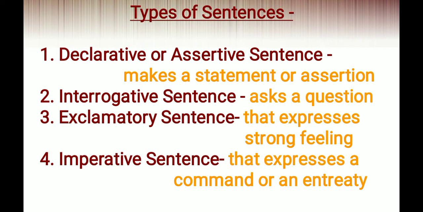Next is imperative sentence. Imperative sentence is a sentence that expresses a command or an entreaty. Entreaty means request, humble requests, like please give me a glass of water or have mercy upon us. These are requests.